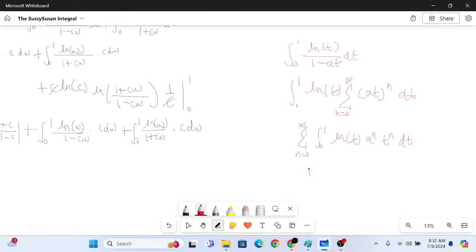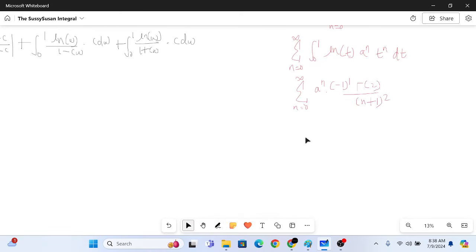Okay, so a to the power n is just a constant, but this is again the gamma function that I told you earlier. So this will be minus 1 to the power 1, gamma of 2 by n plus 1 square. Okay, good. Now again I can write this as a polylogarithm function. How?